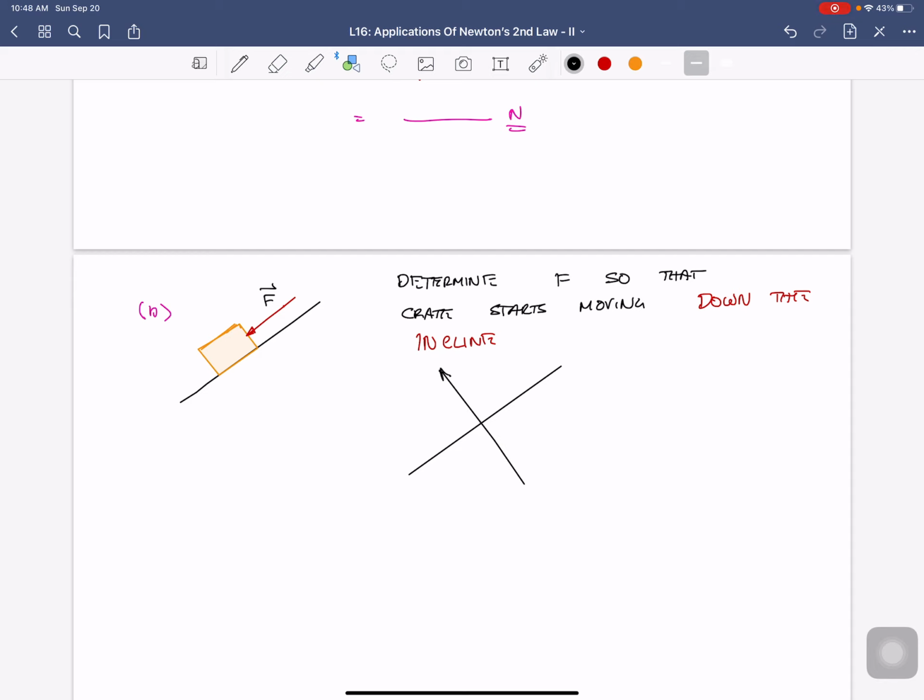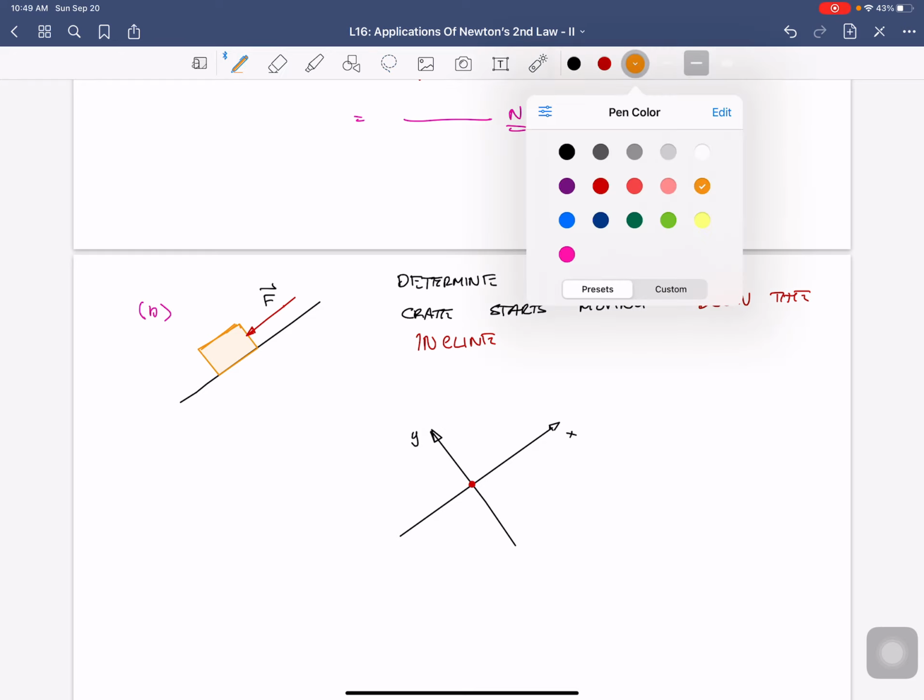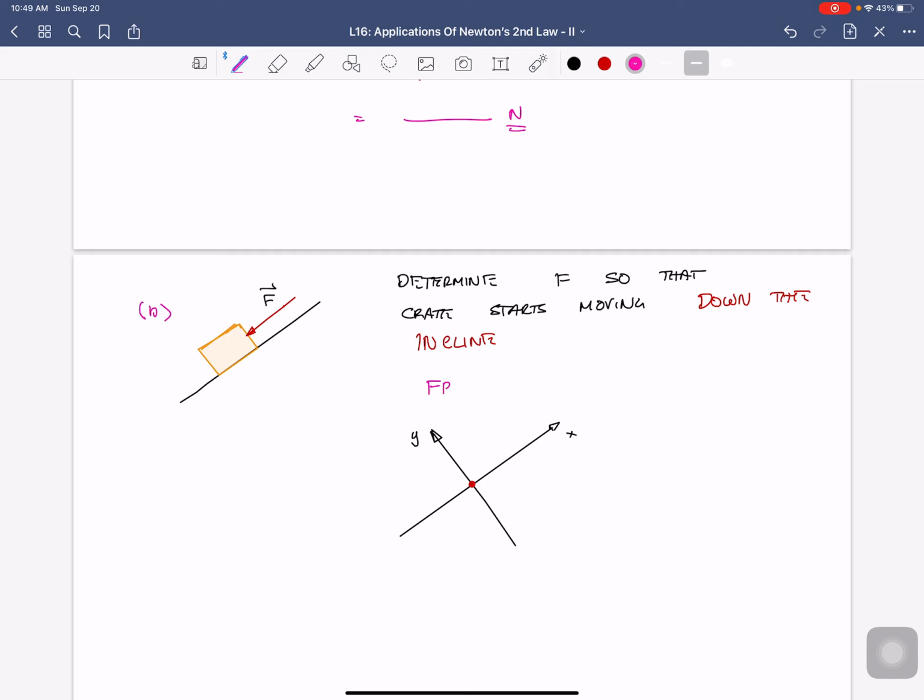In order to do that, we're going to choose our axes in this particular manner, x-axis, y-axis. Of course, we are sketching the free body diagram of the crate.